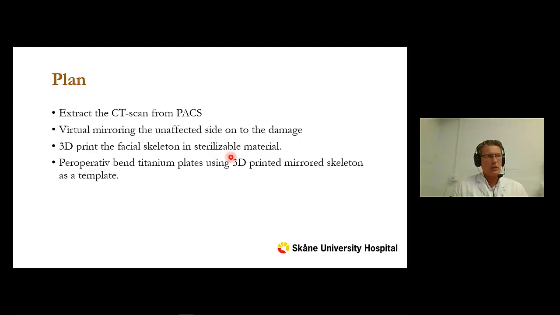We virtually mirrored the unaffected side to the damaged side and 3D printed this mirrored skeleton. We also use this mold or template to bend the titanium plates during the surgery. I will show you how I did this.